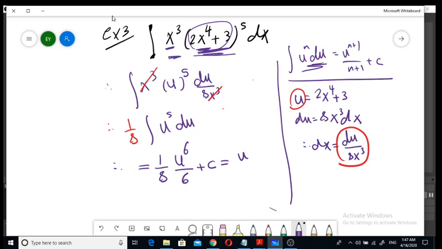So it will be u^6 over 48, 6 times 8, plus c. And in the last step we are going to replace again u by 2x^4 + 3 to the power 6 over 48 plus c, and this is the final answer.